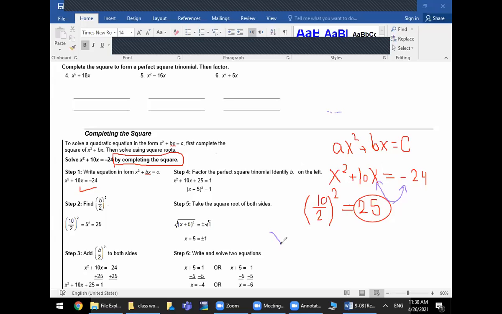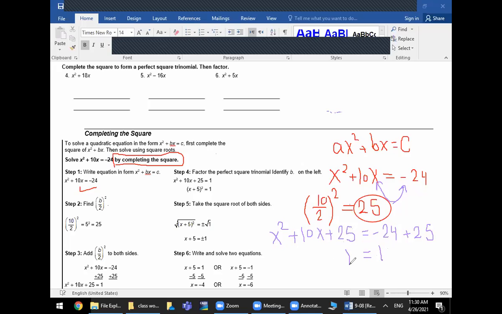It will be x to the power of 2 plus 10x plus 25, and on the right side, negative 24 plus 25. Then we will start to simplify. On the right side, I have 1. And on this side, I have x to the power of 2 plus 10x plus 25.